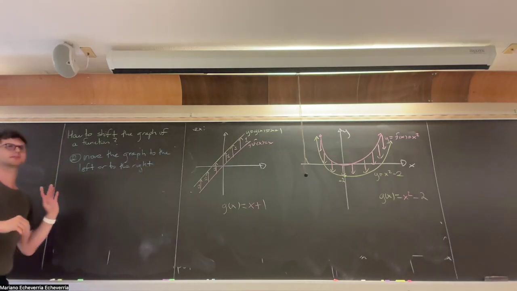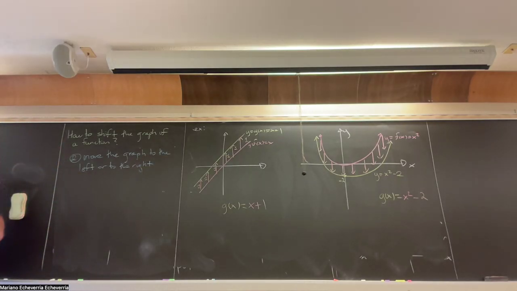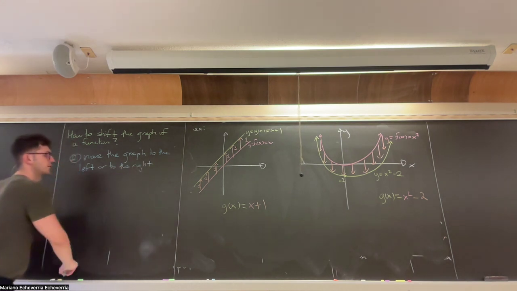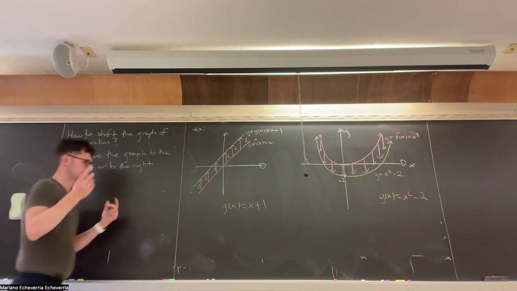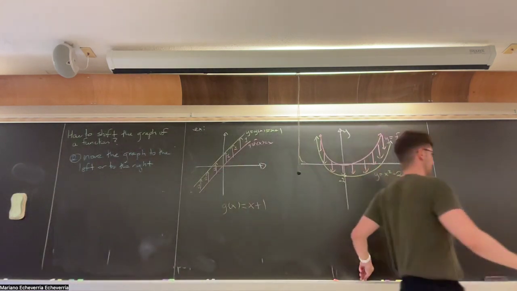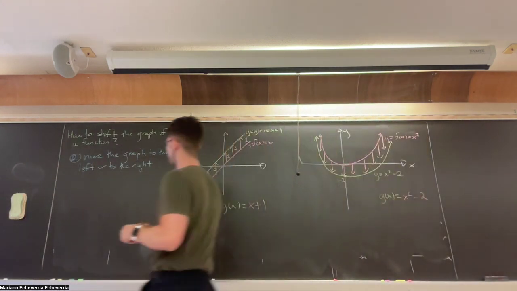It's actually a bit easier to say what happens if you want to move all of it to the right. So I'll do that one first, and then the other one works in the same way as before.